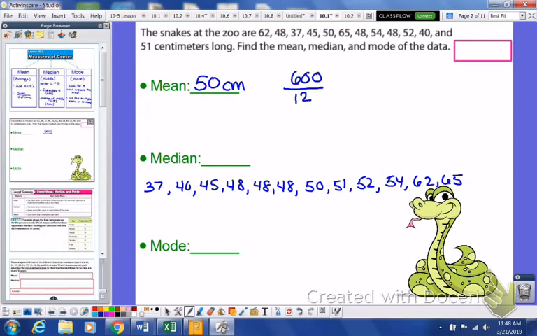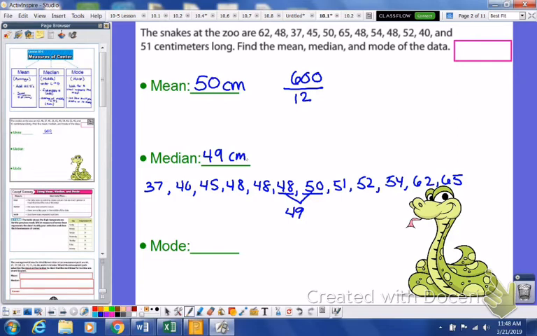Now we already know that we have 12 numbers, so that's even, so we're going to be finding the average. So if I count 1, 2, 3, 4, 5, 6, here's my 6th number. 1, 2, 3, 4, 5, 6 from that side as well. When you're putting them in order, I do recommend count them up real quick, make sure that you have all of your numbers. 6 and 6 does give us our 12. So the average of 48 and 50 would be 49. So our median is 49 centimeters.